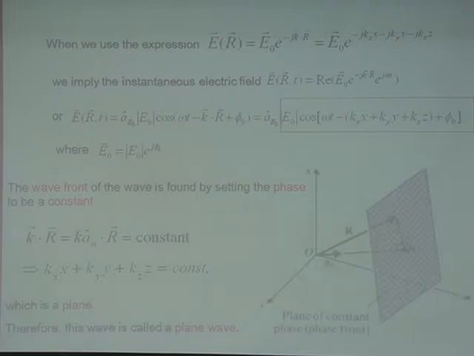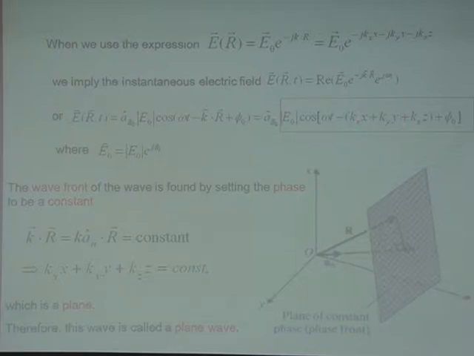All these physical actions actually correspond to the settings of the variables in the mathematical expression. When you look at the ring of the wave, basically you are setting the phase to be a constant.